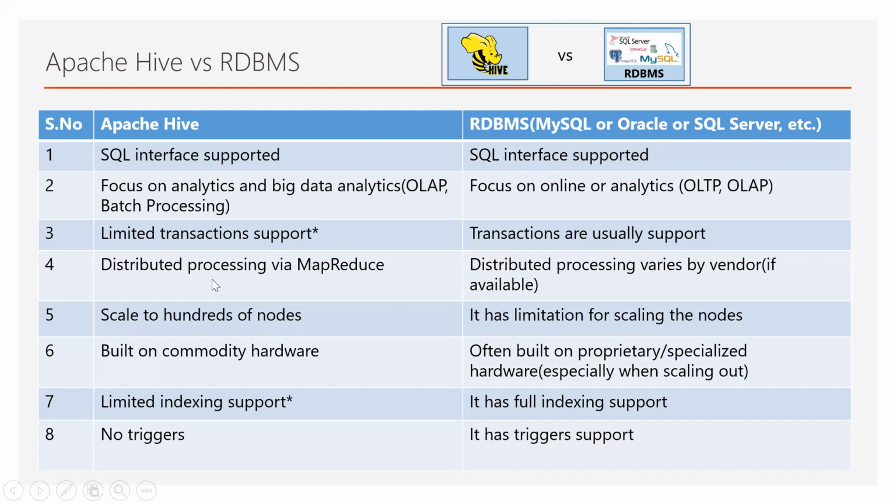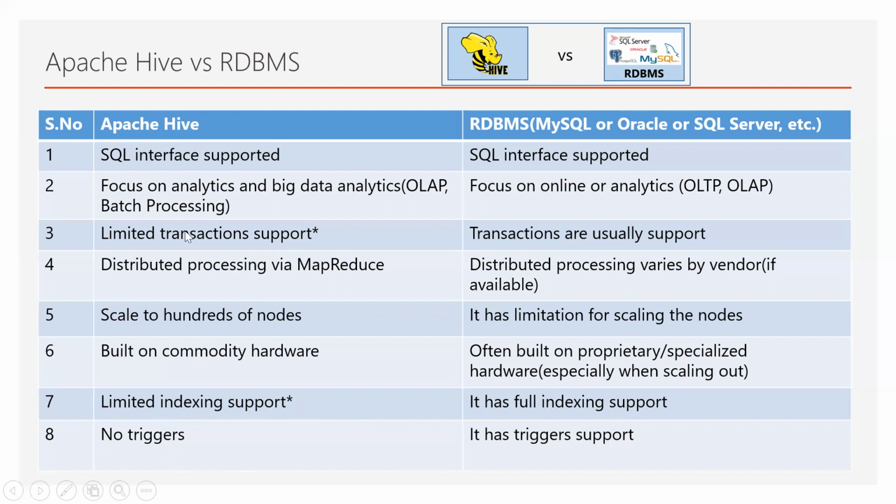Hive offers distributed processing via MapReduce. In an RDBMS there is no distributed processing, though some systems support it with limited features. Hive can scale up to hundreds of nodes, while an RDBMS is limited in scaling. Hive can be built on commodity hardware, while an RDBMS is often built on proprietary or specialized hardware. Hive has limited indexing support, while an RDBMS has full indexing support.